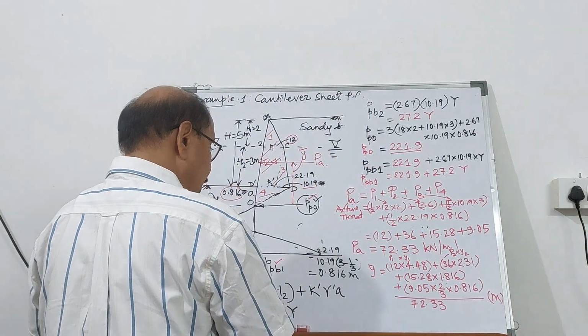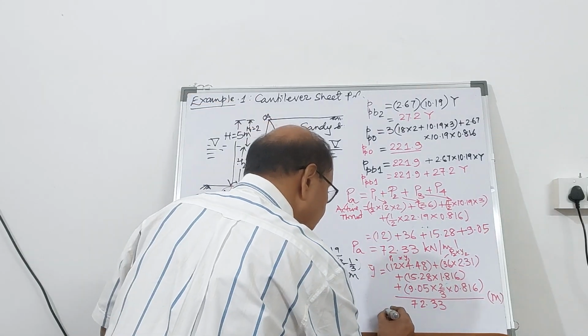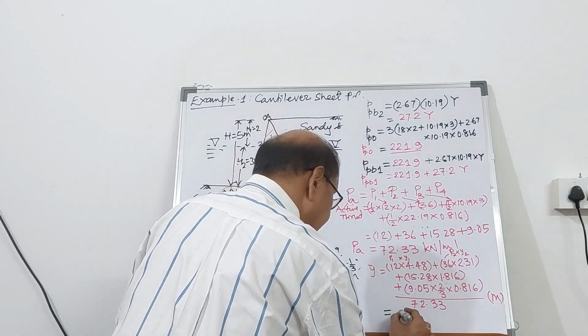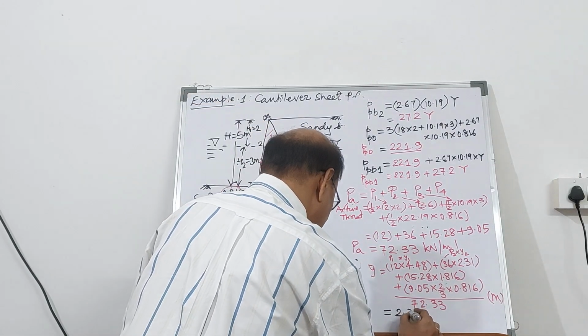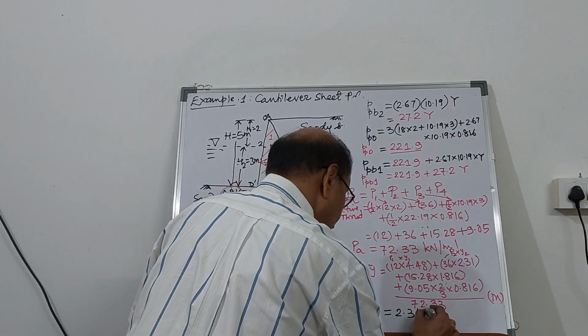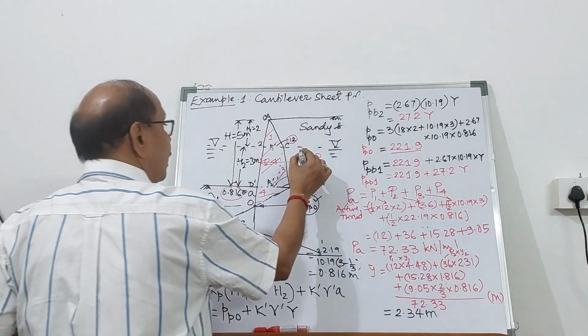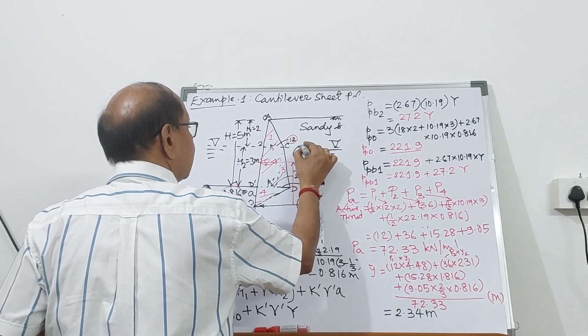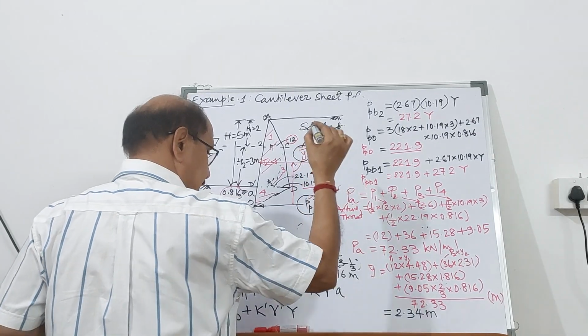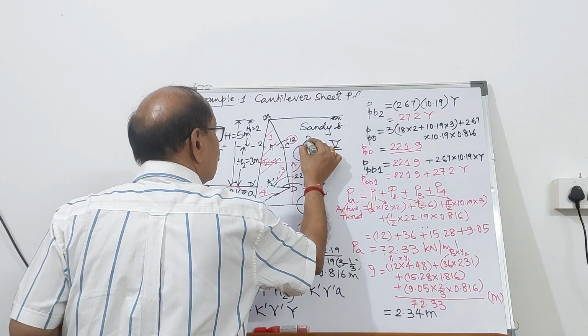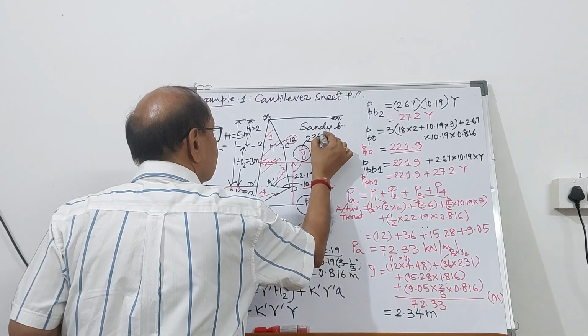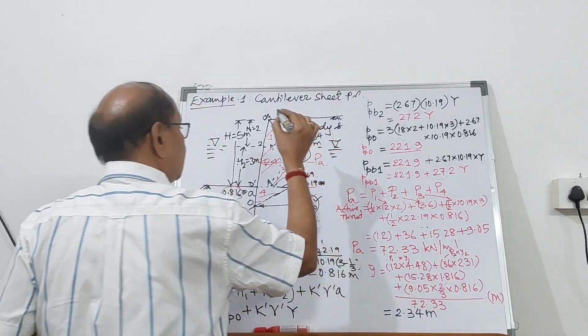So the value of Y bar is calculated as 2.34 meter. So this Y bar is calculated as 2.34 meter.